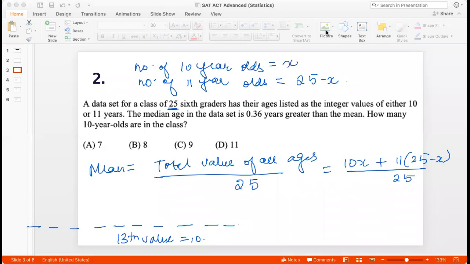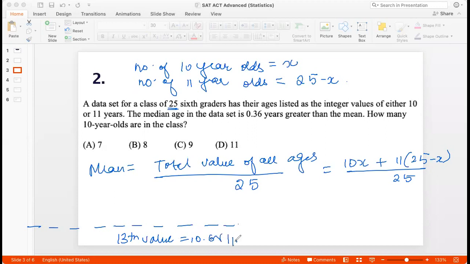Now think about it. If the median age is greater than the mean, can the median age be 10? It can't be, right? The median could be 10 or 11, the 13th value could be 10 or 11.